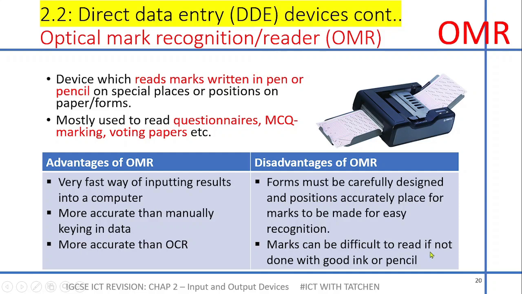Marks can be difficult to read if not done with good ink or pencil. Usually if it's a form or an exam answer sheet, they use a specific kind of pencil which is very readable, easy to read by the device, so that's also a disadvantage.